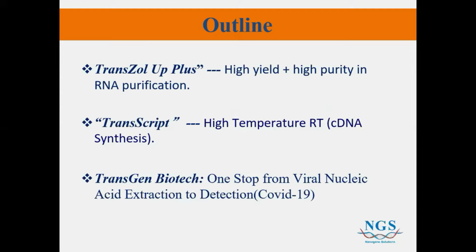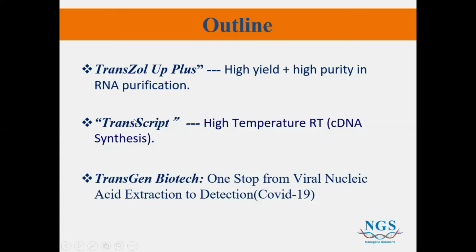All right. So here are the two main technologies that I will talk about today. I will start with Transo Plus. This is a technology used in RNA extraction that will give you high yield and high purity. The second one is a transcript.